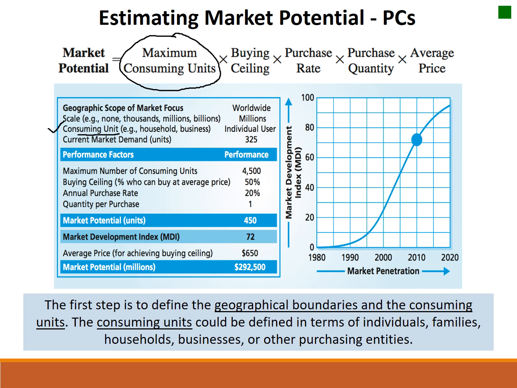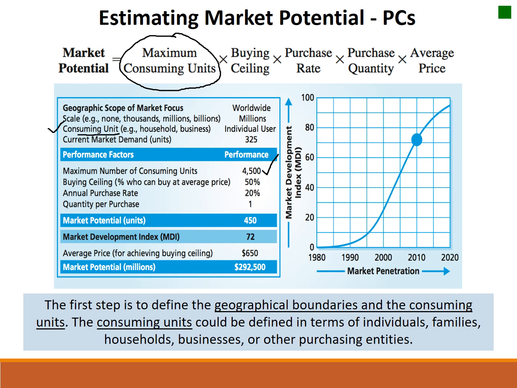So in this example, again, we're using personal computers. The estimate of potential consuming units is 4.5 billion units. The scale here is in millions, so 4.5 billion units is what it looks like here.